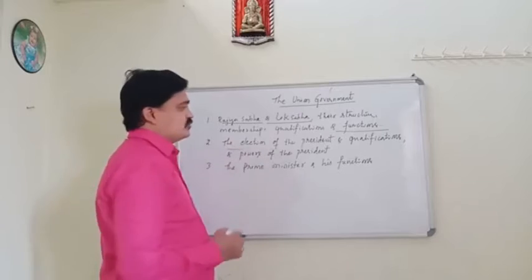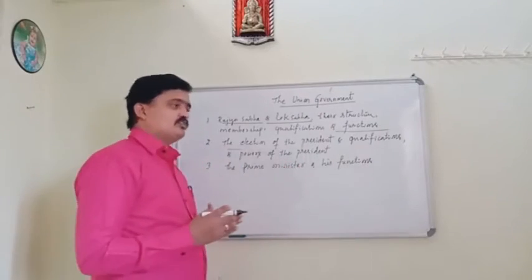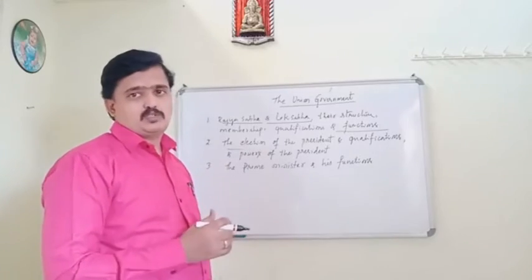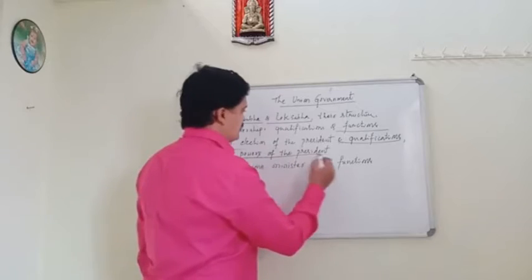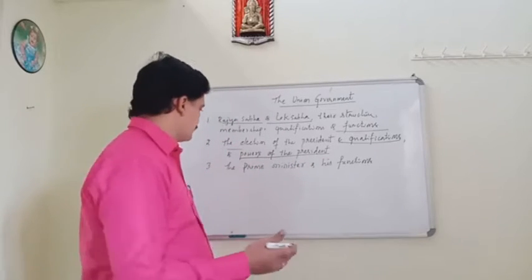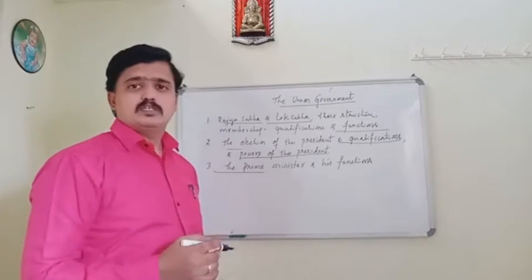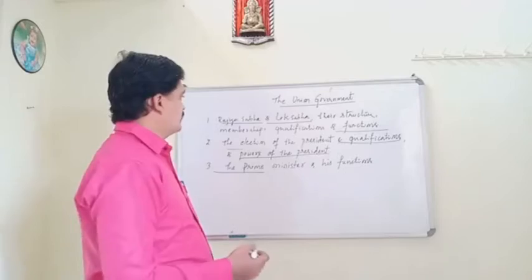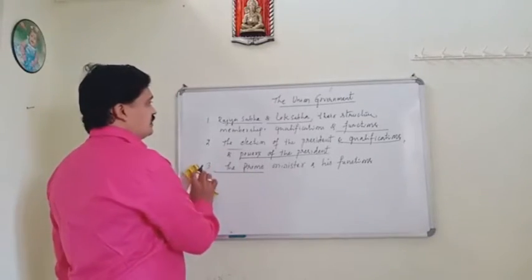And the election procedure of the president, and also the qualifications required to become the president of India, and also his powers. Later we are going to learn the Prime Minister and his functions. Okay, so let's move on to the Rajya Sabha and Lok Sabha.